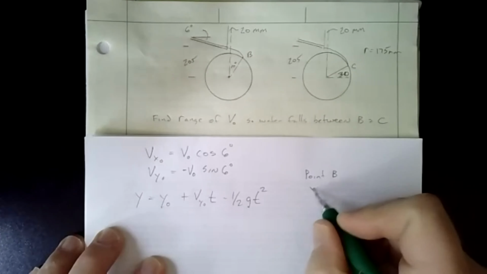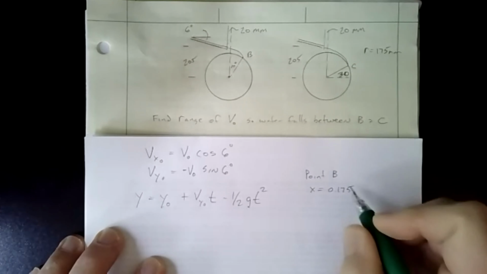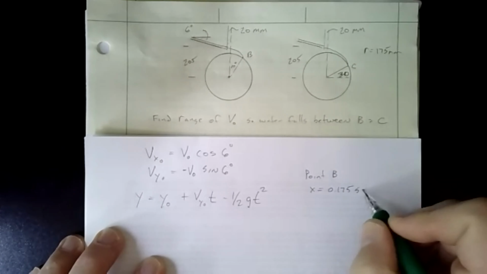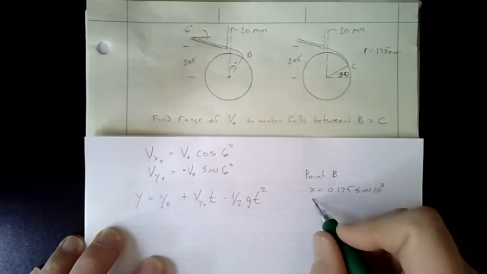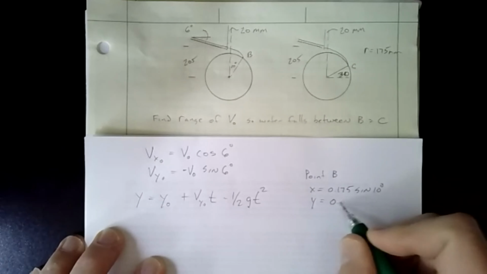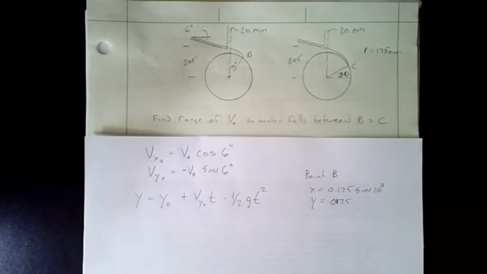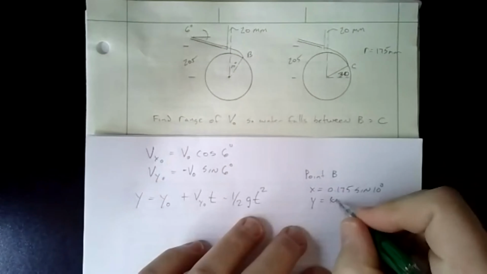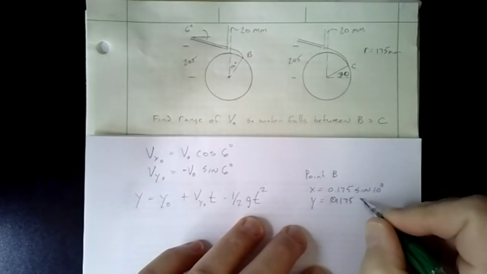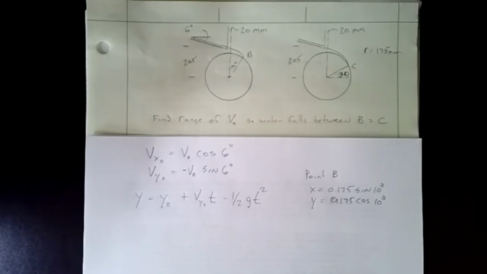Its x is going to be 0.175 sine 10 degrees, and its y dimension is going to be 0.175 cosine 10 degrees. All right, so we have those distances.